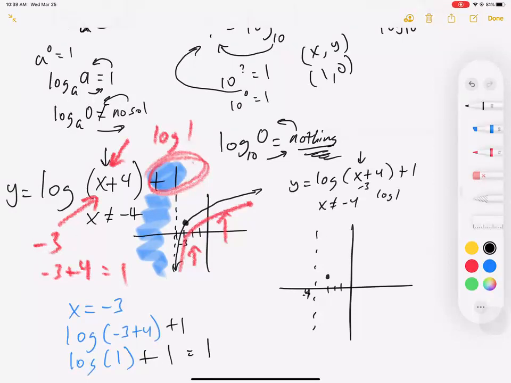If you want another easy point, since this is a common log, it means base 10. That's going to go this way. Find the 0 for the y, and then don't forget to add 1 to that afterwards because we raised it up by 1.